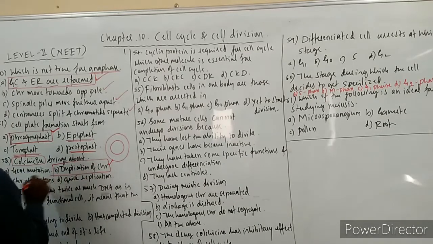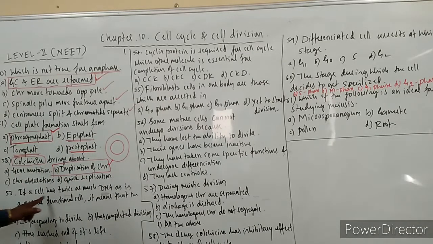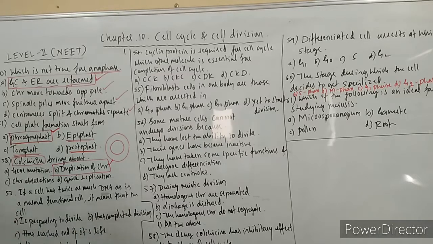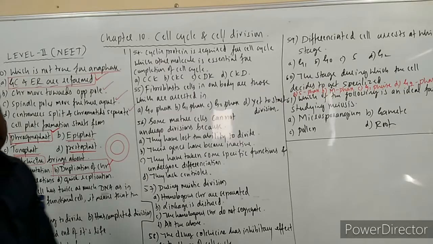Next question: if a cell has twice as much DNA as in a normal functional cell, it means that the cell is preparing to divide, has completed division, has reached the end of its life, or has ceased to function.